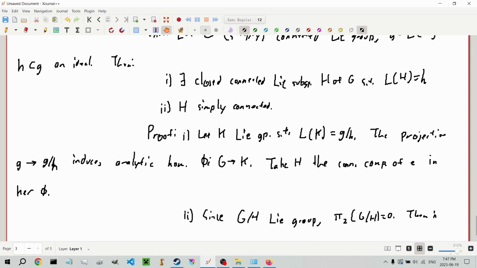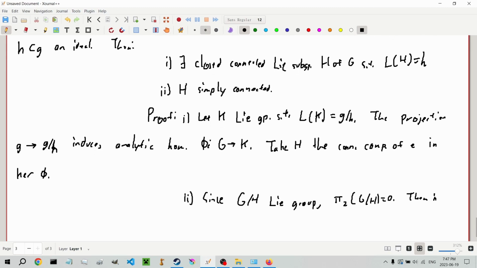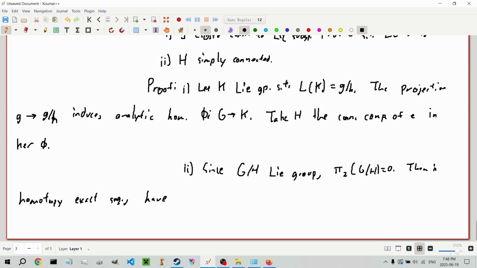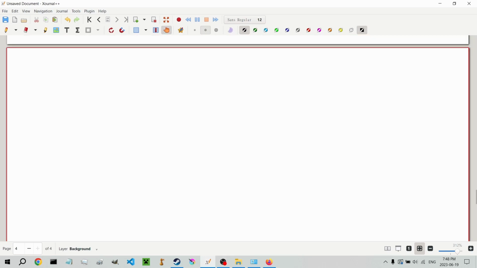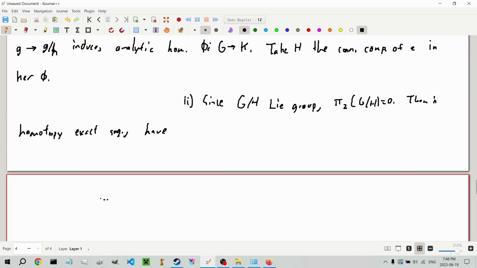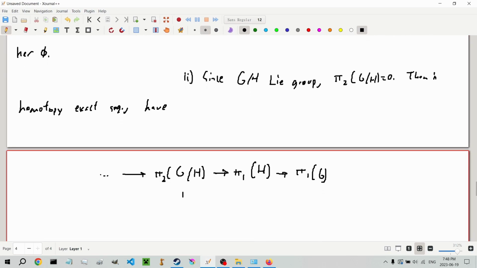And then in the homotopy exact sequence, we can go from pi 2 of G over H to pi 1 of H to pi 1 of G. And we know that this one is equal to 0, and so is this one.